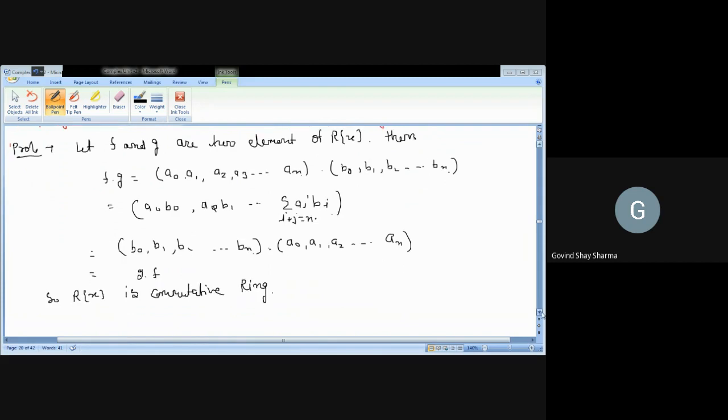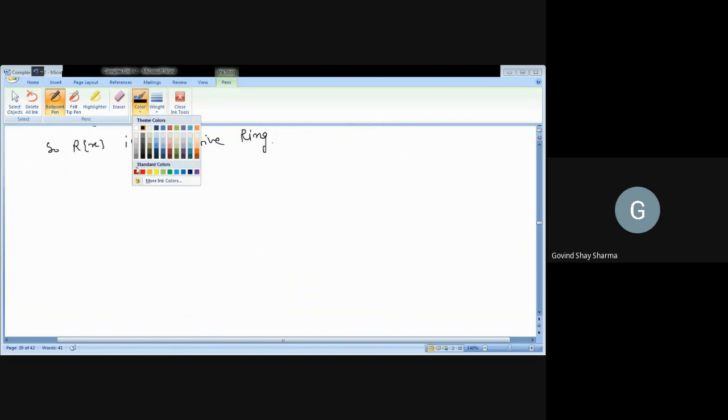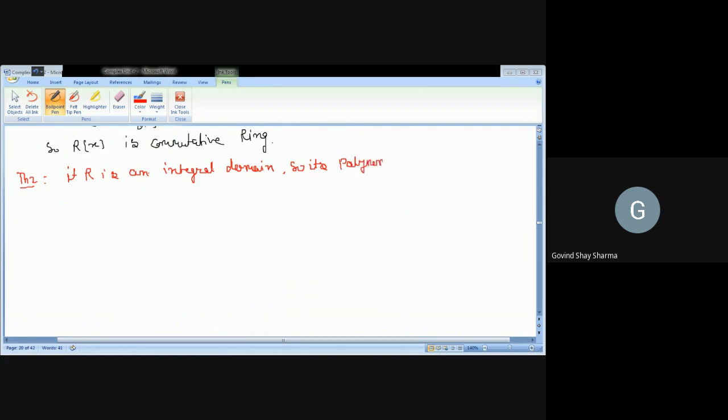Now the second theorem: if R is an integral domain, then its polynomial ring is also an integral domain.